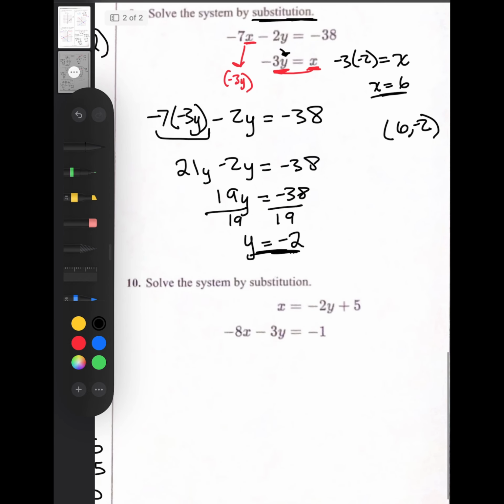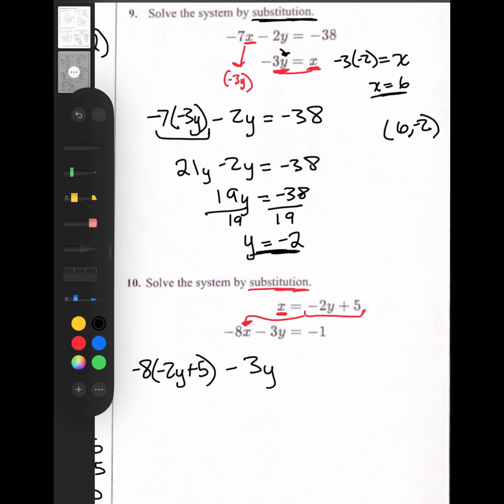Okay, this is the last one, also asking for substitution. This is similar to the previous one. It gives you the x. They want you to plug this in any time you see an x. So that is going to replace this little x right there. So we're going to rewrite this. Negative 8 times negative 2y plus 5. Keep this in the parentheses so we don't get them lost.